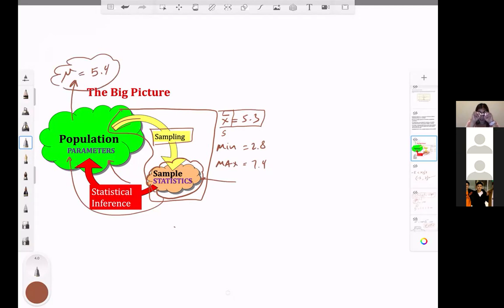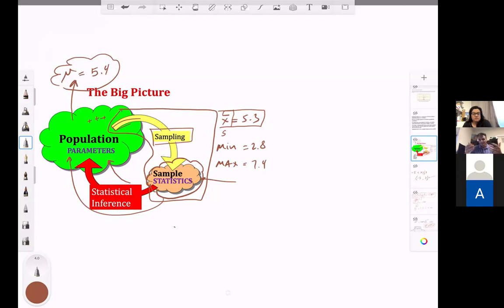Exact would mean finding everybody's height, asking them. So when we say something about the population, you need to say how confident you are, how sure you are that the average height of the population is 5.4.